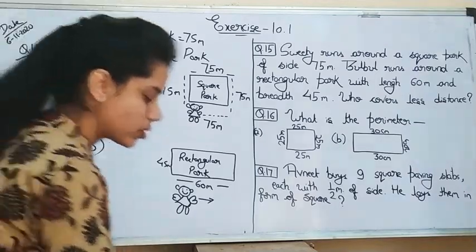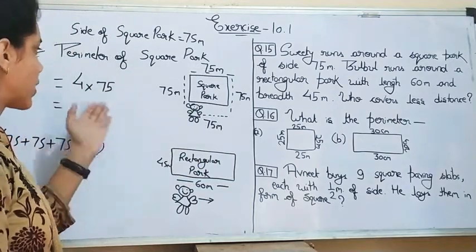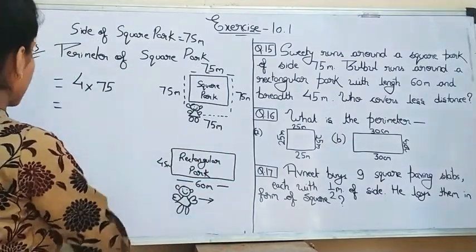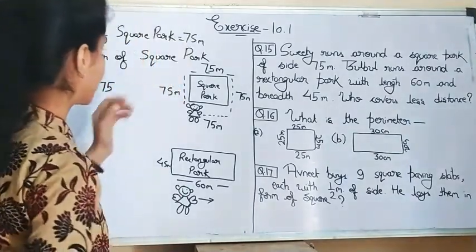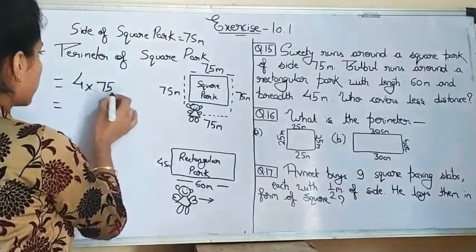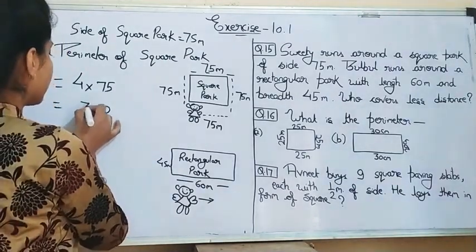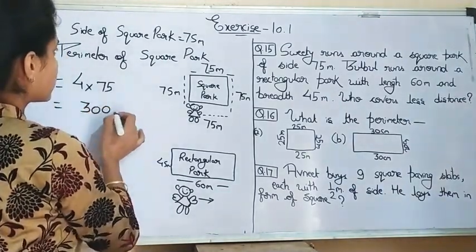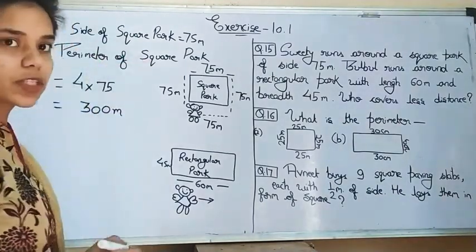That is also correct, but I will directly apply the formula, 4 times 75. 4 5s are 20, 2 left, 4 7s are 28, 28 plus 2 is 30. So 300 meter will be the perimeter of the square park.